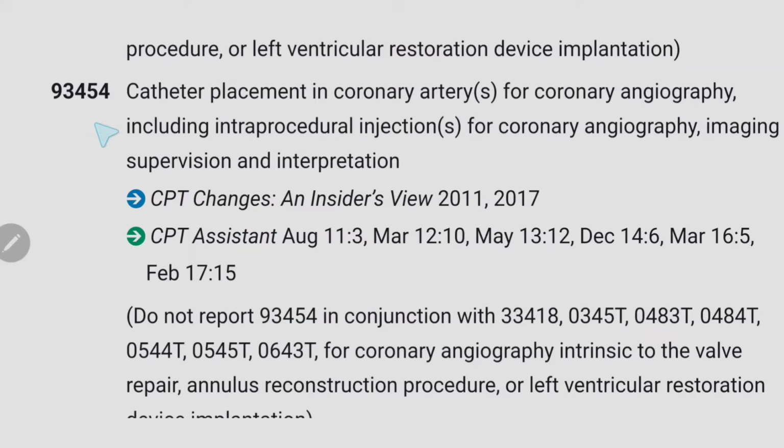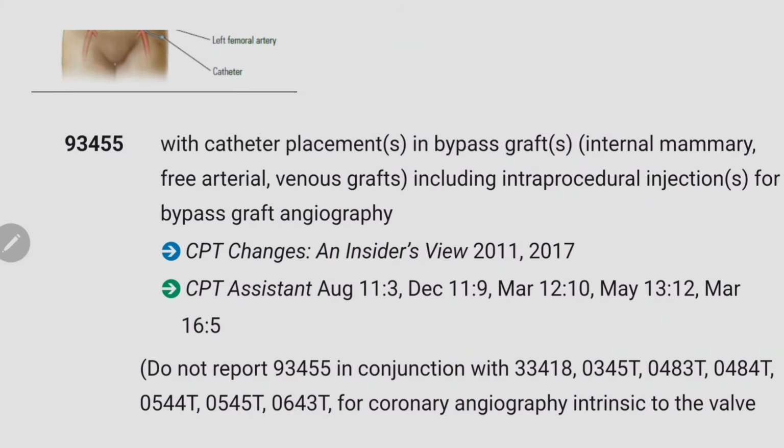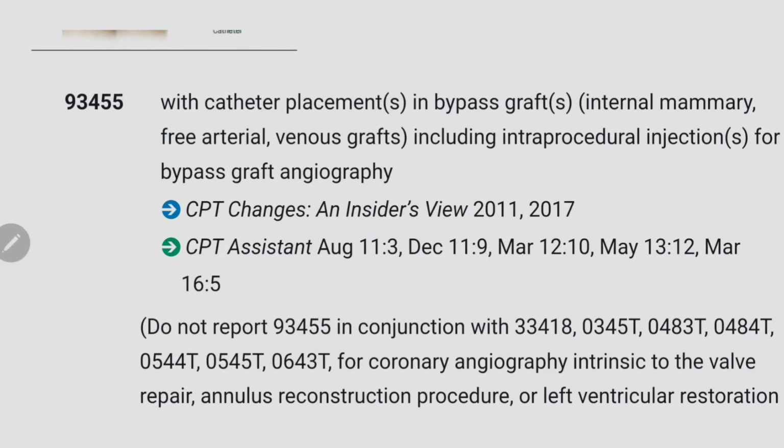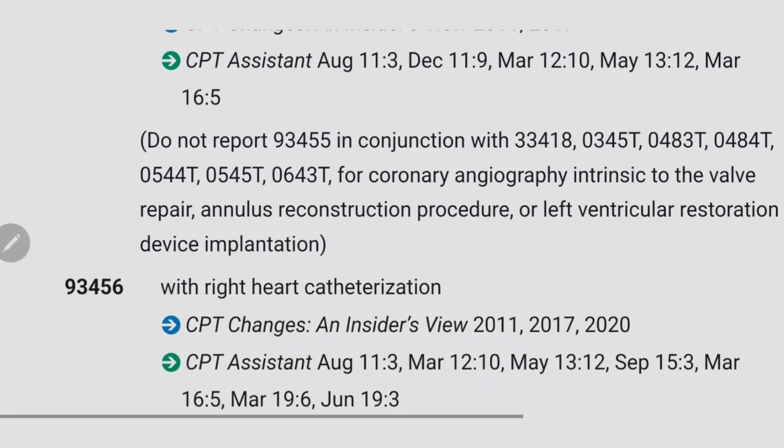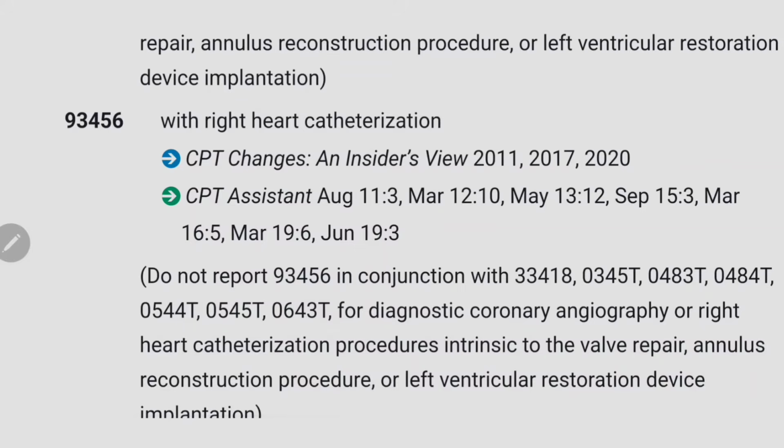Next, check the code 93454, which is for catheter placement in coronary artery for coronary angiography. 93455, which is for catheter placement in bypass grafts. 93455 includes catheter placement for coronary angiography with bypass graft. Next, check the code 93456, which is for right heart catheterization, that is coronary angiography with right heart catheterization.